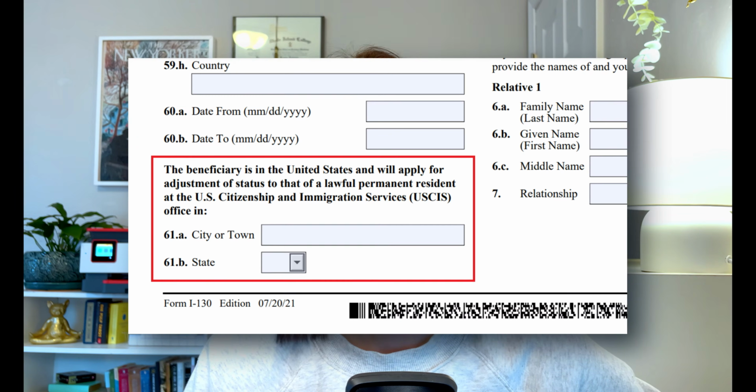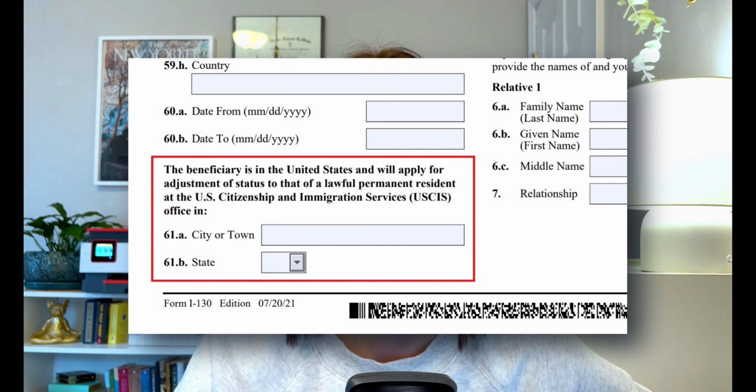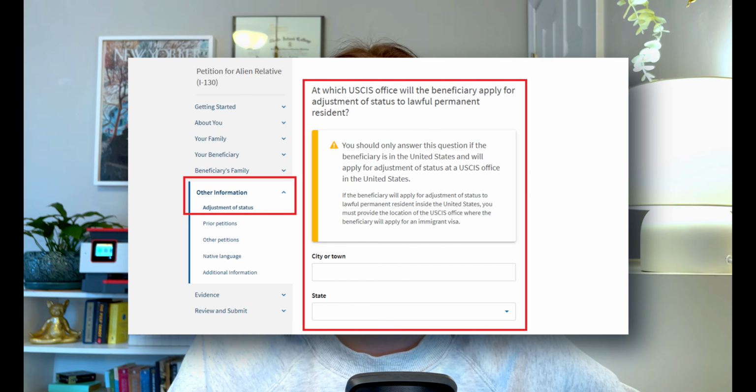If your relative is currently inside the US and is eligible to apply for something known as adjustment of status, also known as the form I-485, in that case, you will answer the first half of these questions, which is questions 61A and 61B. This section says that the beneficiary is in the United States and will apply for adjustment of status. The question is asked in exactly the same way on the online form.